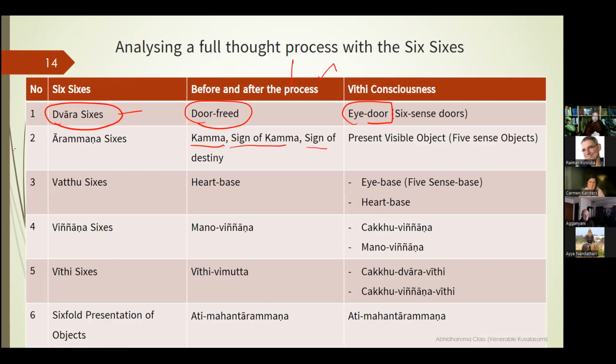So from the Arammana perspective, before and after the process the object is kamma, kamma nimitta, or gati nimitta. In the middle, the Vithi consciousness takes a present visible object, generally a five sense object. For the door-based thought process, it must be a present visible object.